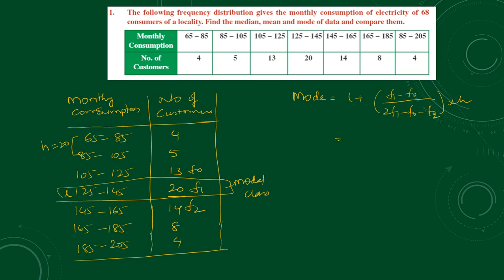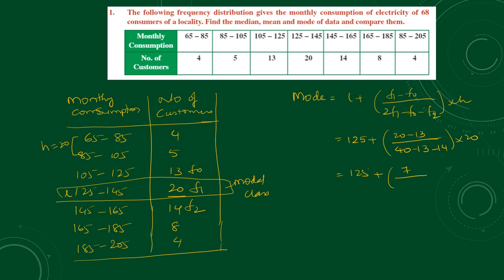Now on substituting the values, L is 125 plus f1 is 20, f0 is 13, by 2 times of 20 is 40, minus 13 minus 14, into h is 20. Now on simplifying, 20 minus 13 is 7. 13 plus 14 is 27.